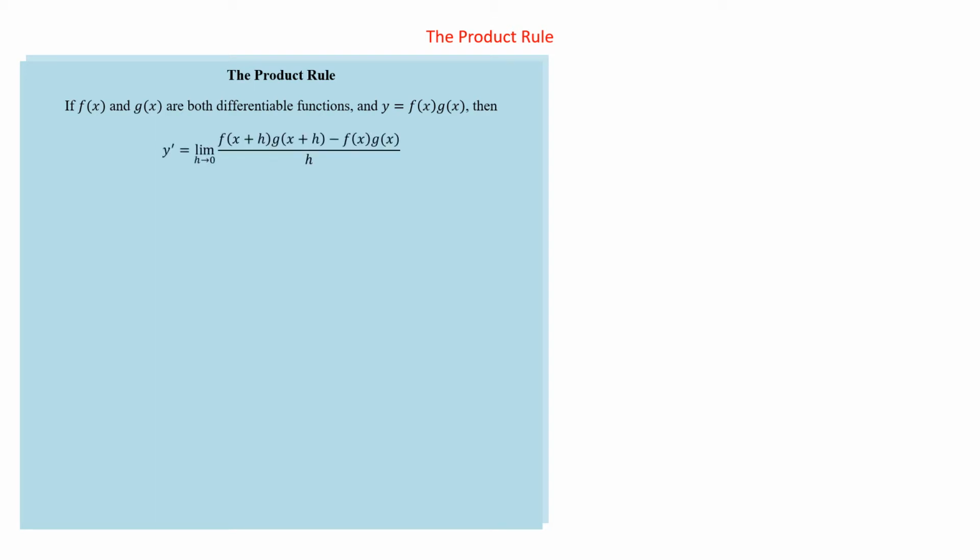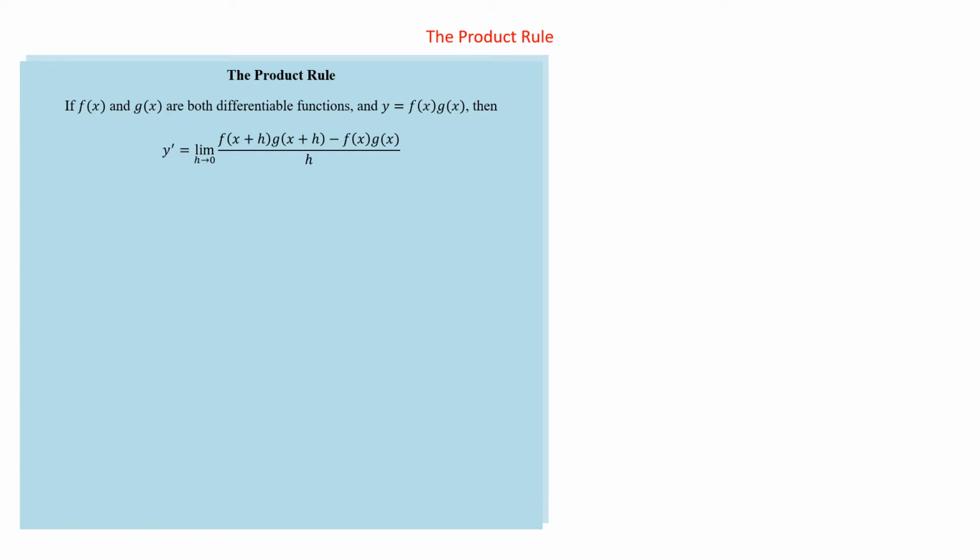And so if we look at the product rule, we can show what this is based off of the definition. If f and g are both differentiable functions, that is important. You have to be able to take the derivatives of each of them individually. When you multiply them together, by the definition, the derivative is going to be the limit as h goes to 0 of f of x plus h times g of x plus h.